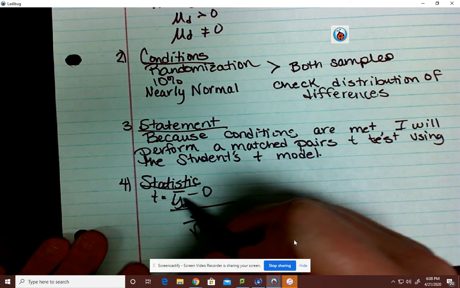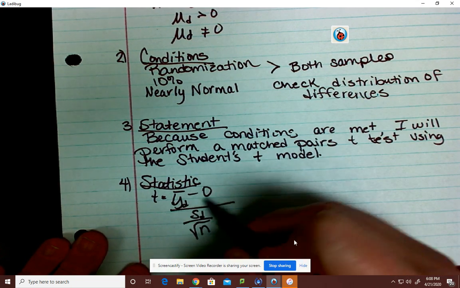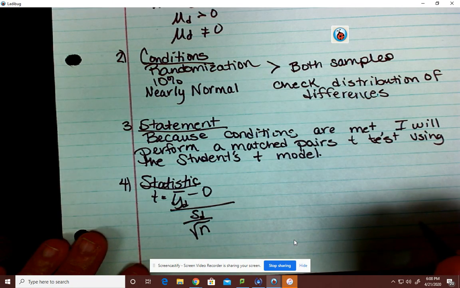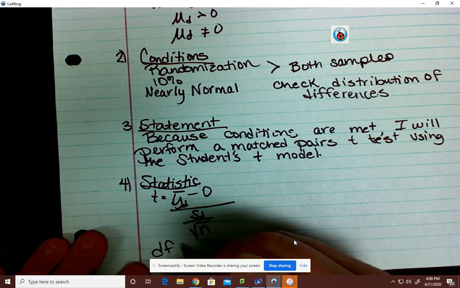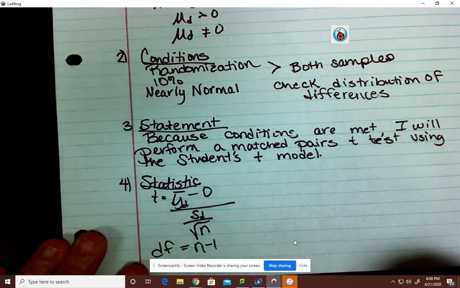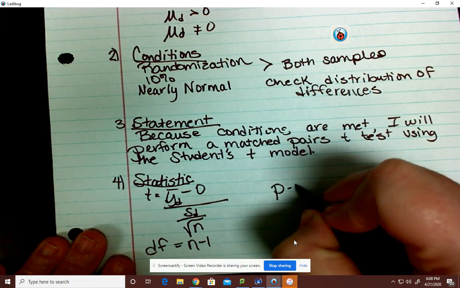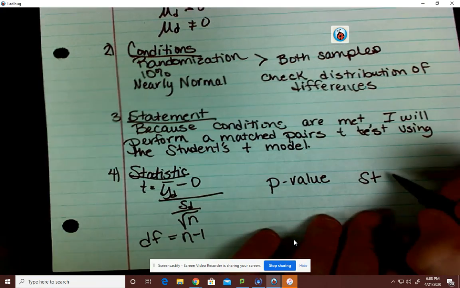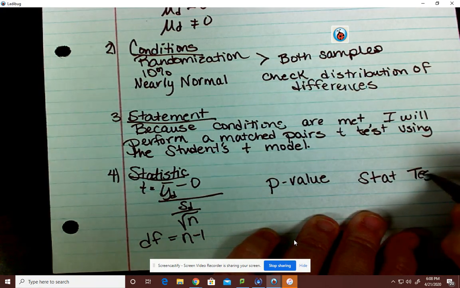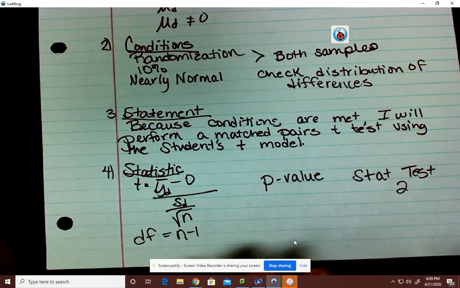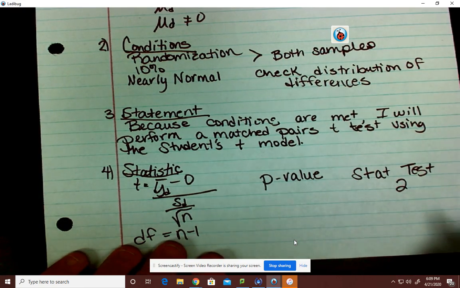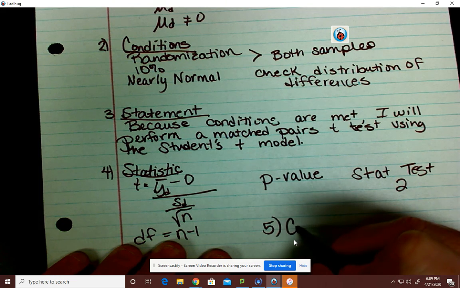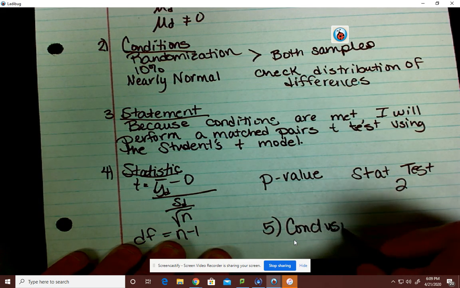Now, obviously, when you subtract 0, it's just that number, but we write it out that way to show that's what we're doing. The degrees of freedom, which some of you all have been forgetting on this for one sample, is n minus 1. And then to get the t-score and the p-value, you do just like you would in your calculator for a one sample t-test, so stat test 2. And then your conclusion, same as all the others.